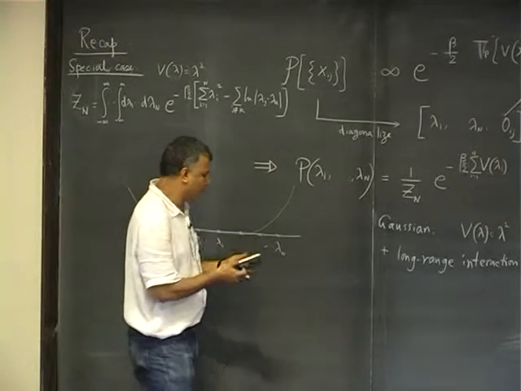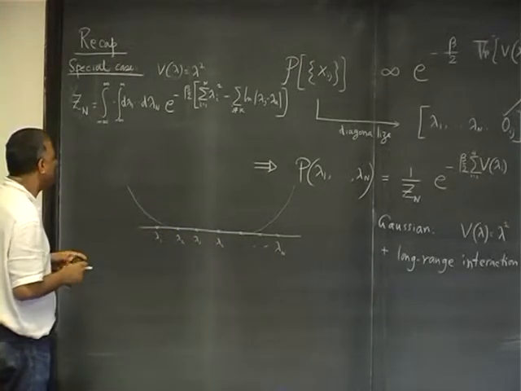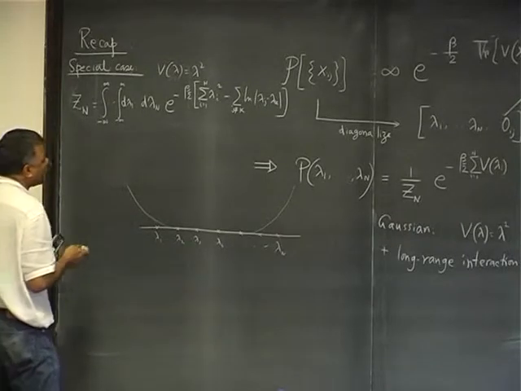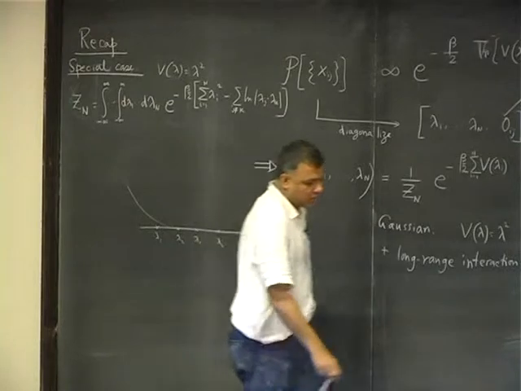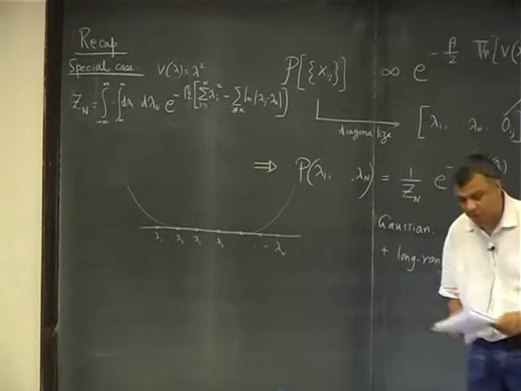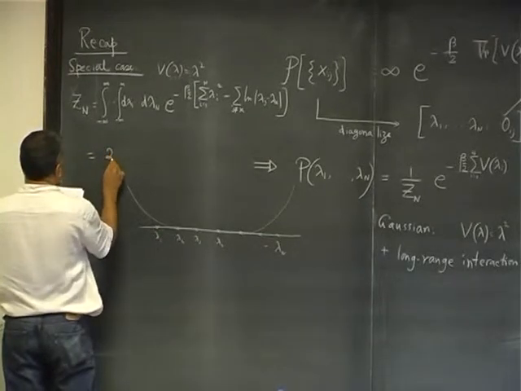In general, physics is all about solving integrals. So this integral is hard to do, but it so happened that for this particular special choice of the potential, this integral is exactly known. So I'll just write down the result without trying to prove it.